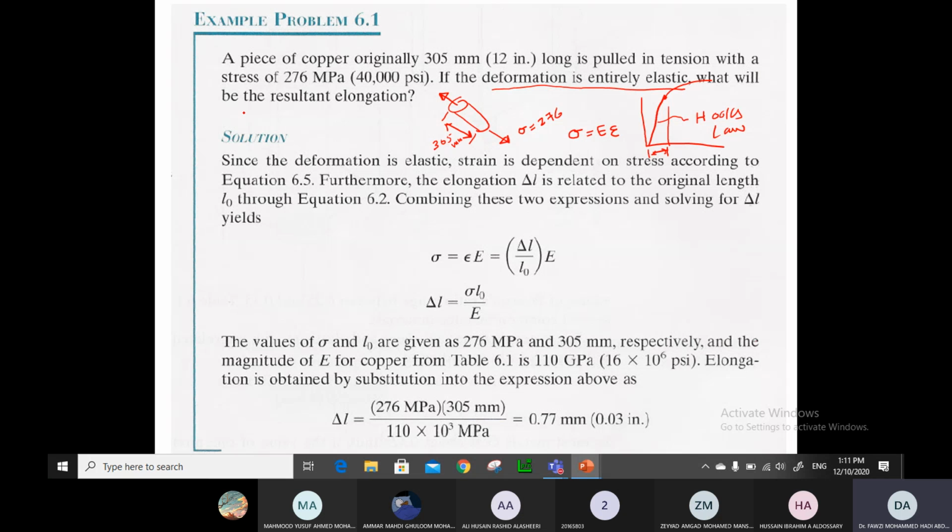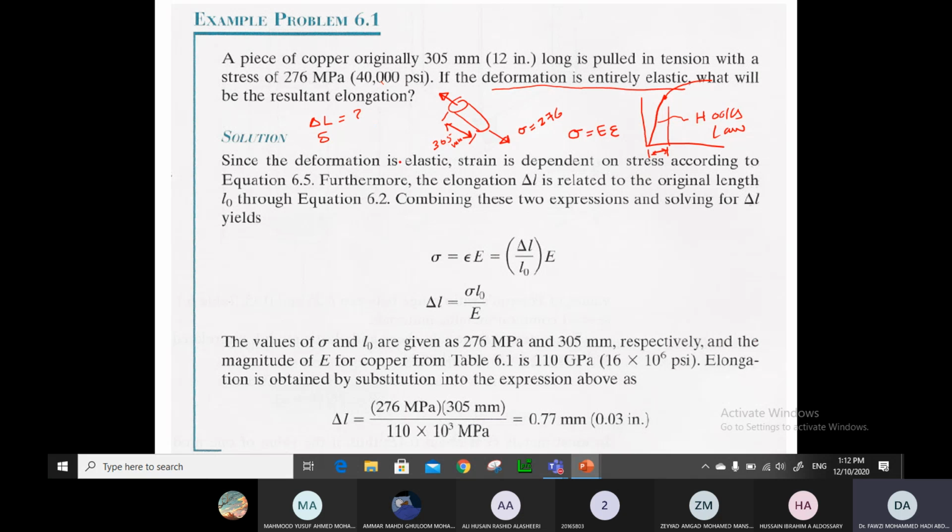So what are we asked to determine? The delta L is equal to what? It's not the stress here. In order to solve this, you have the stress, which is 276, and we are being told we are in the elastic zone, so this equation is applicable.